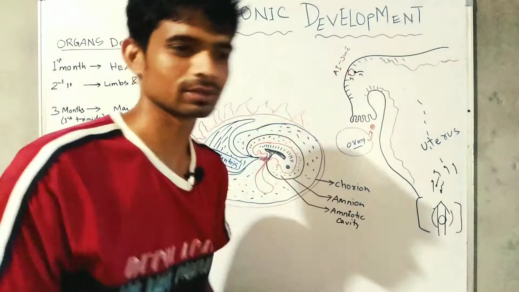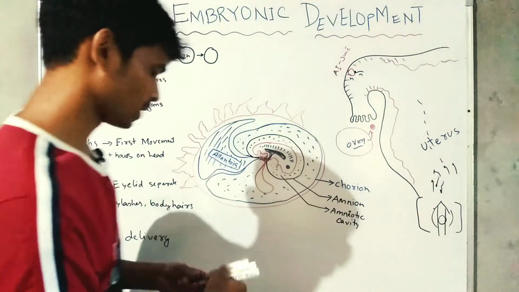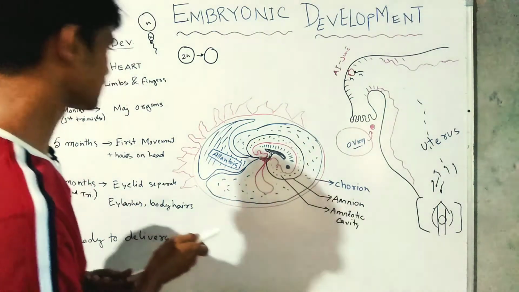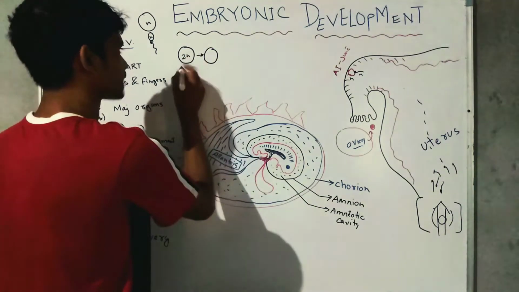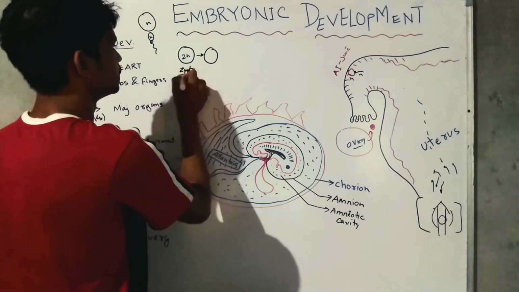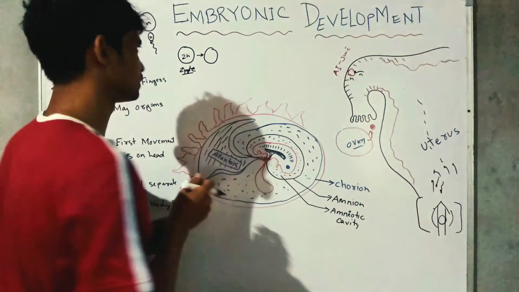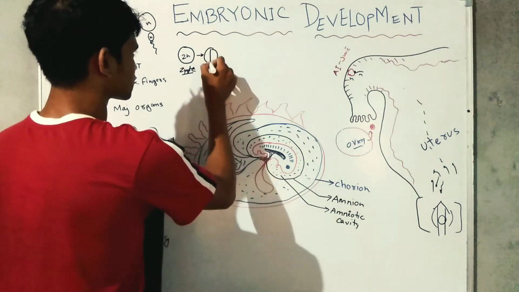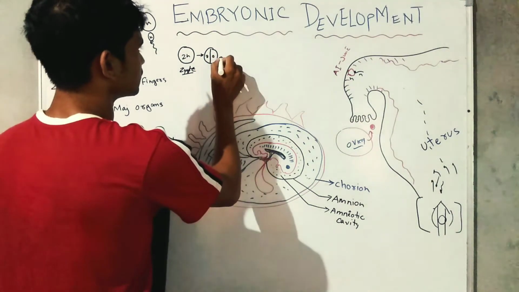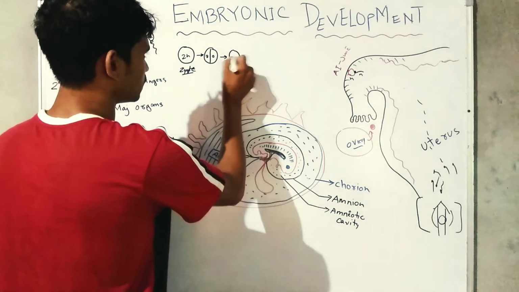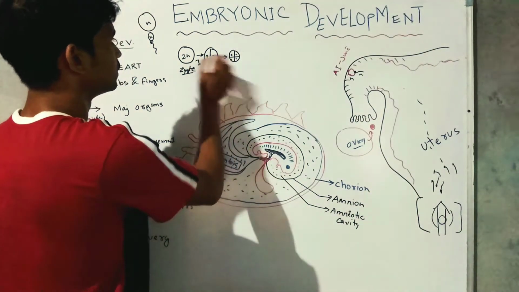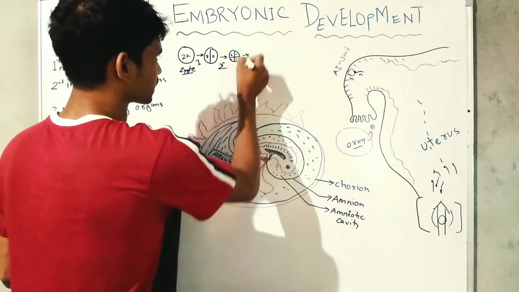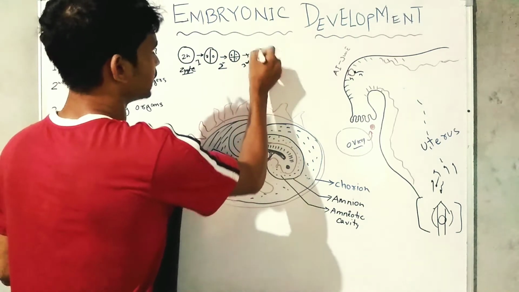Okay guys, sorry for the interruption by the cat. So what we are discussing? We were discussing about, so twice N. After twice N it is the zygote. Zygote is always twice N, you will remember this. So after first cleavage will be two cell structure, then again it will, I have shown you, after second cleavage it will be four cell structure, then after third cleavage it will be 8 cell structure.